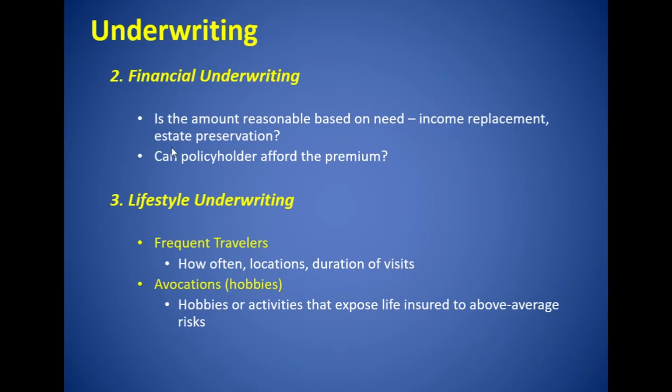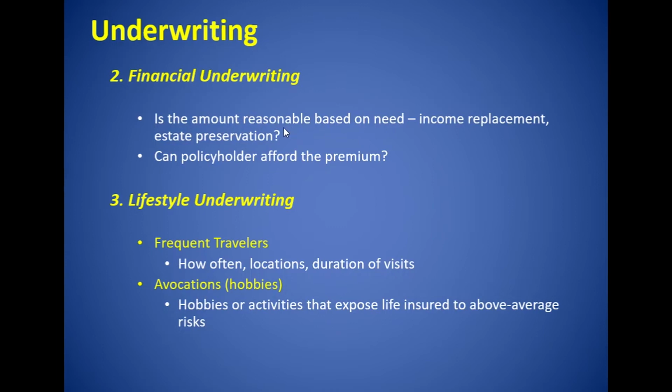Is it for estate preservation or covering tax liabilities, things of that sort? So insurance companies want to make sure the amount is consistent with the need of the client. So if you are applying for $7 million of insurance, but you're worth $223, they're probably going to question that amount of insurance.